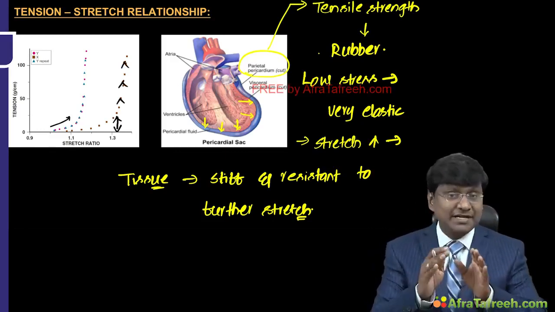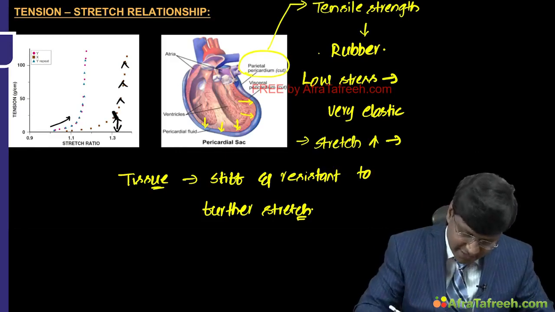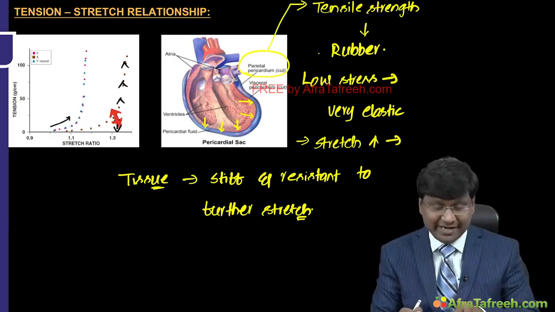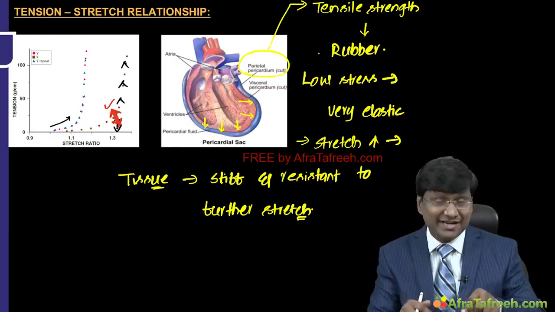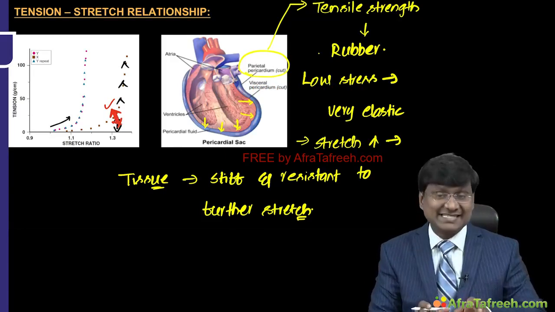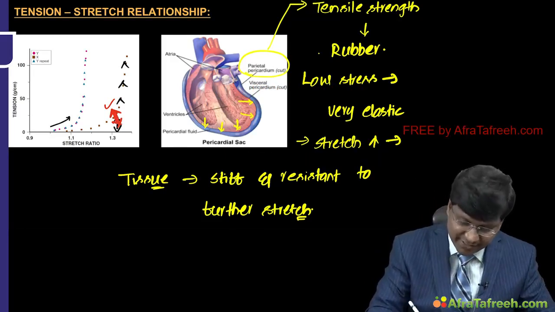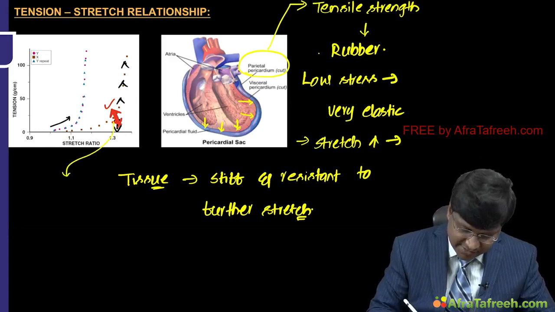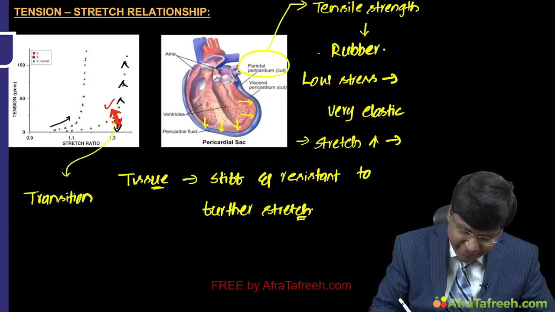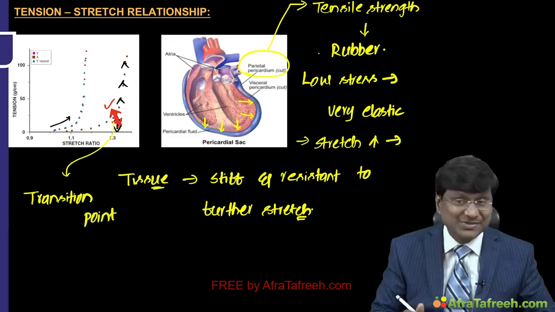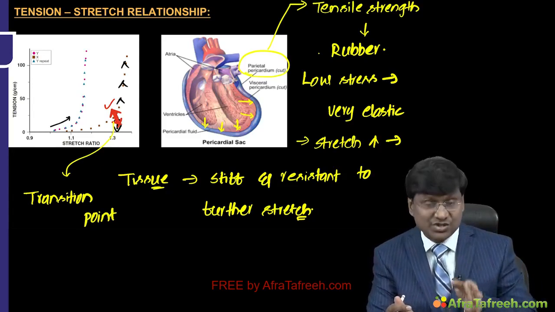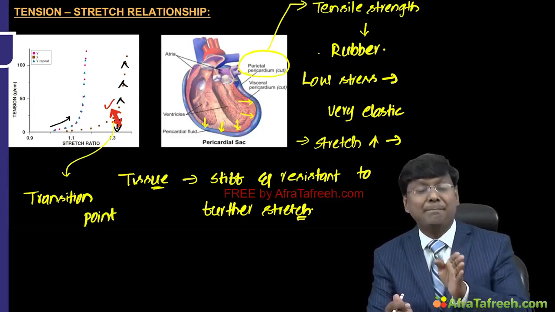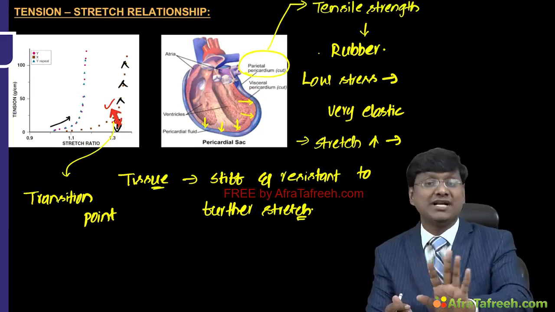This particular point, the red mark I have drawn here on the stress strain relationship, is a transition point. This transition point corresponds to stresses near the upper range of the physiological cardiac volume.